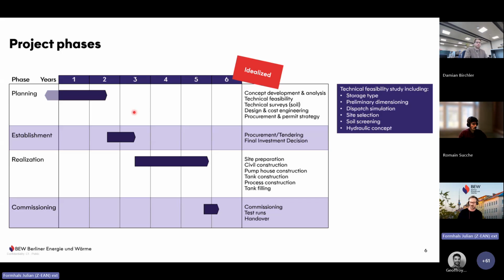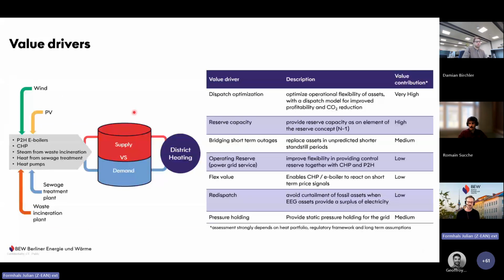So this is a summary of the main value drivers, how we looked at the storage. On the left side, you can see we have many different opportunities to feed our storage. We have these power to heat units, 120 megawatts, which are mainly meant to transform excess electricity from renewable energies into heat when prices are low.